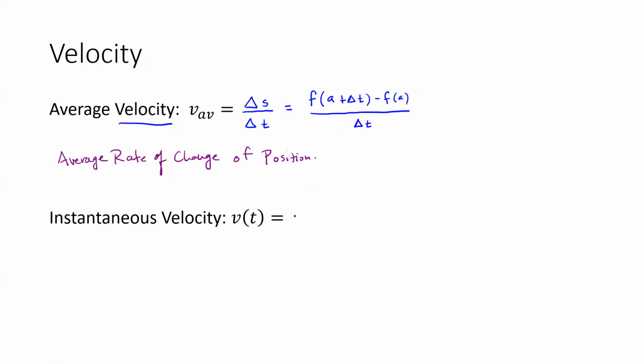Okay, so we'll be taking the limit as delta t goes to 0 of delta s over delta t.